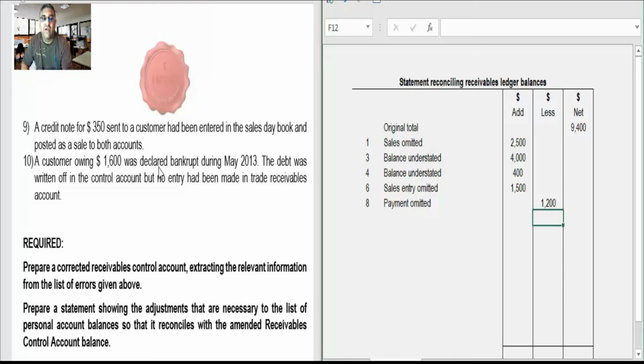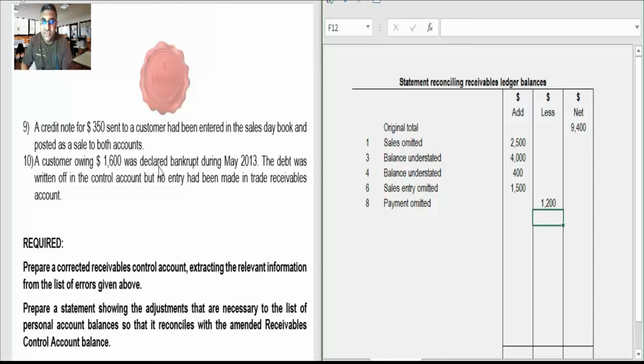So it's rather a sales return for Delta Limited. But by mistake, we entered that amount of 350, the sales returns amount, in the sales daybook. That's incorrect. And it was also posted as a sale to both accounts, to the sales account, of course, and to the account of the trade receivable.